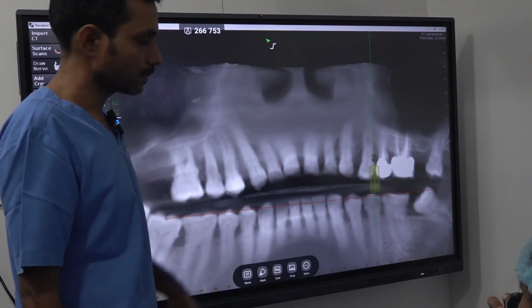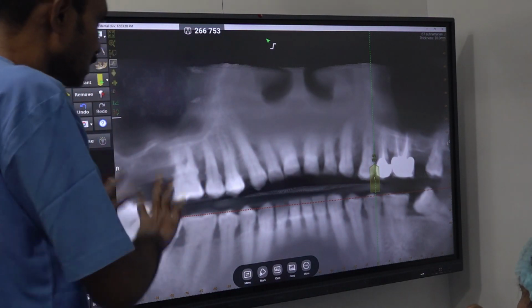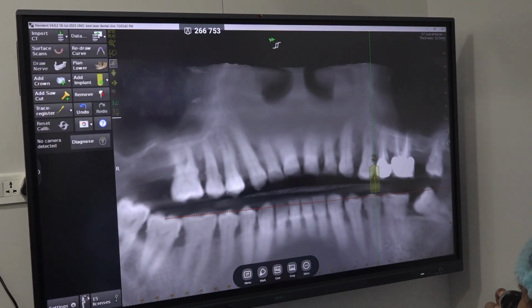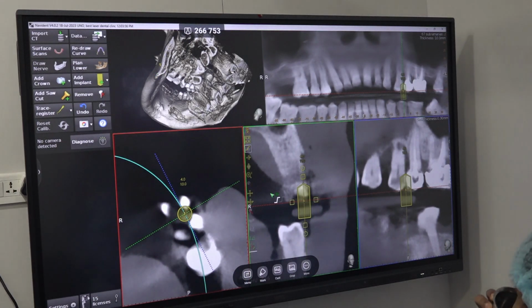If not, basal. 5.5 here also 5.5. Here one small compressive. This is a tentative plan with the panoramic view. When we select, there are chances of changes of the implant surgically. Yes. That is tentative. Even if you plan with simplicity, some mild changes will happen.